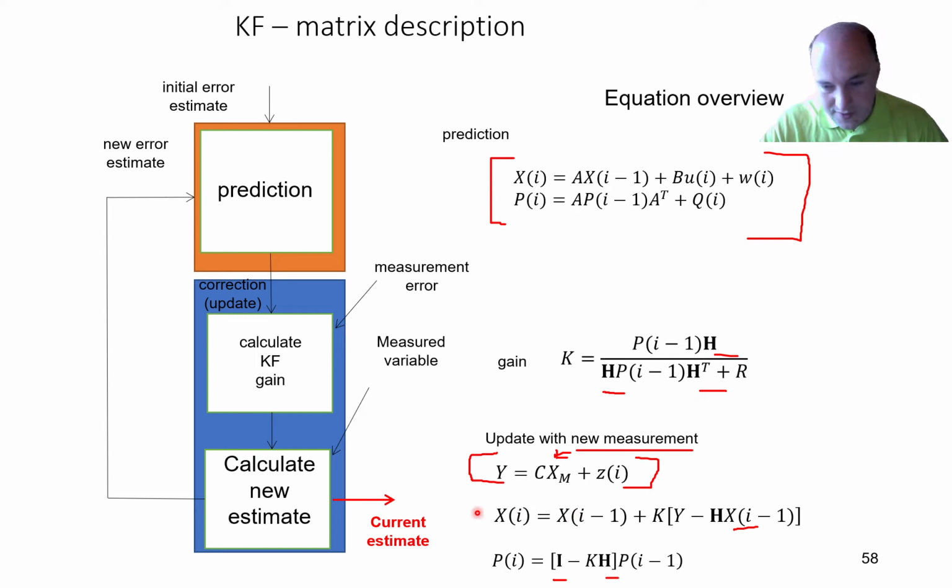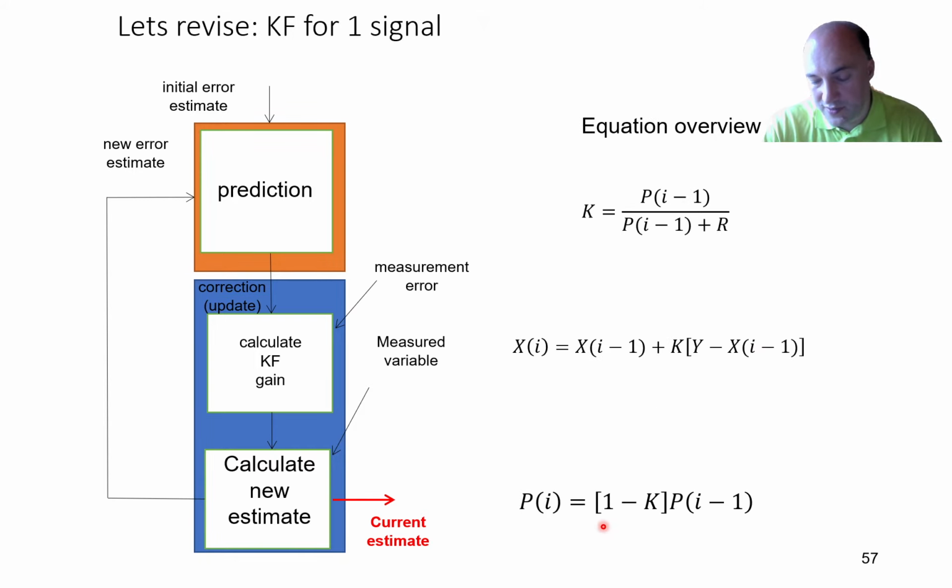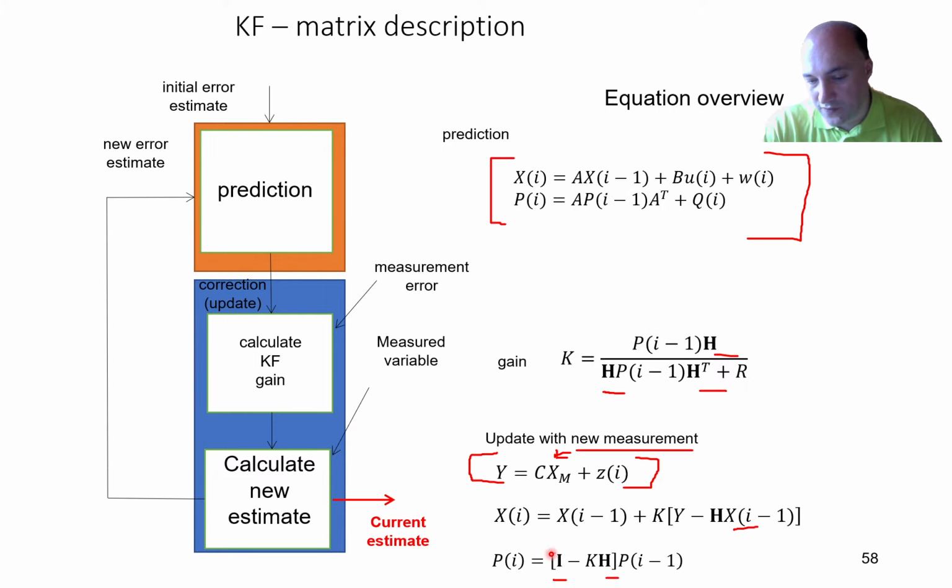And after we have this, the new current estimate, we will calculate the new error estimate. And again, this is the same equation like we have for one variable, except that now I is a unit matrix. So in case of one equation, we had here 1, but in case of multiple variables, this will be a matrix of ones, a diagonal matrix.